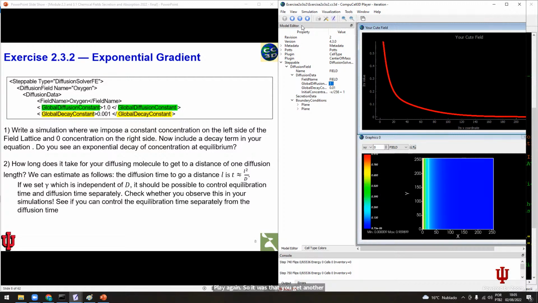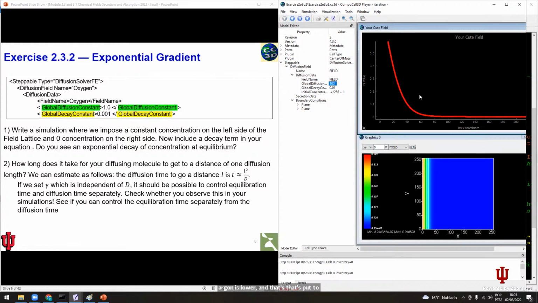Also, there is something that you probably noticed: when you change the global diffusion coefficient above 1, to 10, 100, it seems like the steps are going slower. They are going slower. Let's put 100 here.